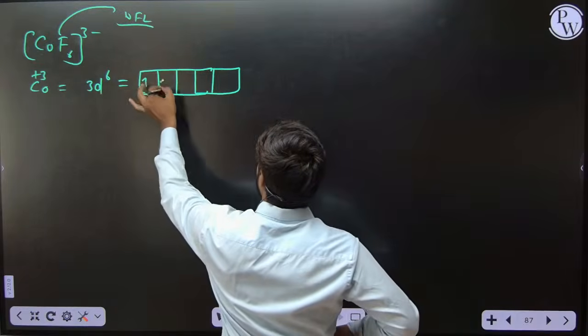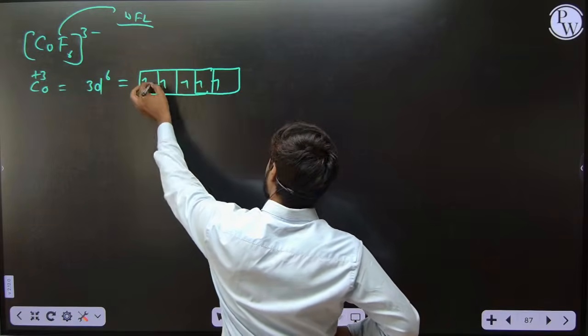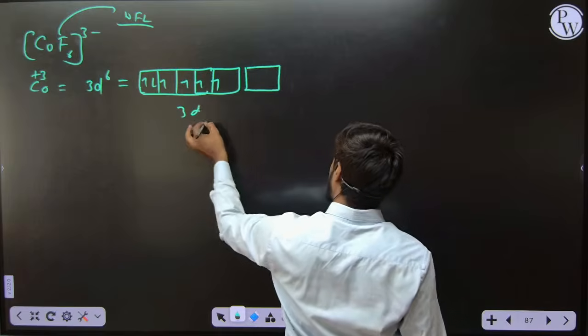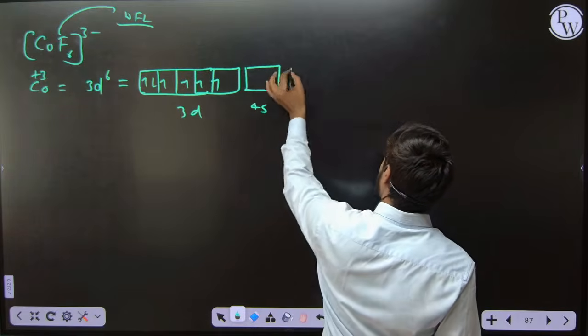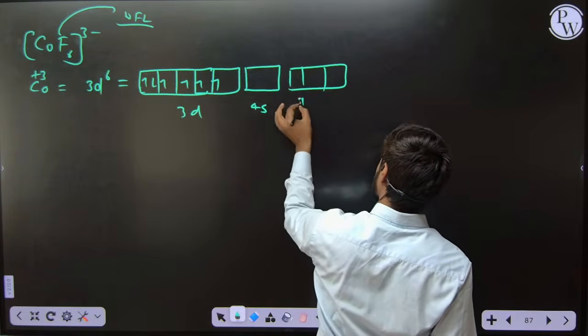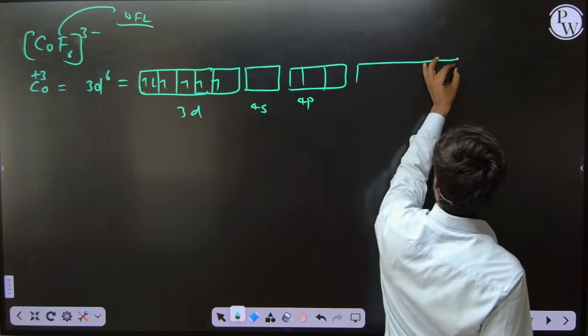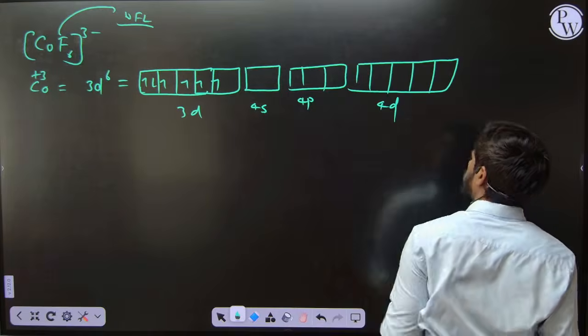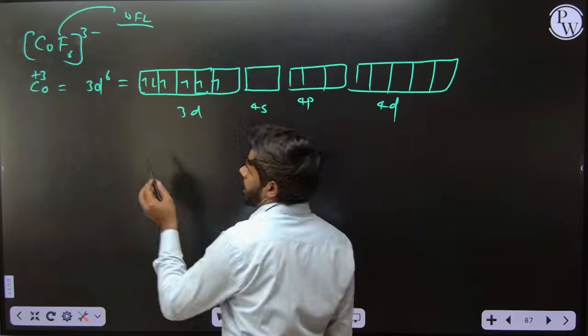The 6 electrons will be there like this. And the outer orbitals are 3d, next 4s, 4p and the 4d.